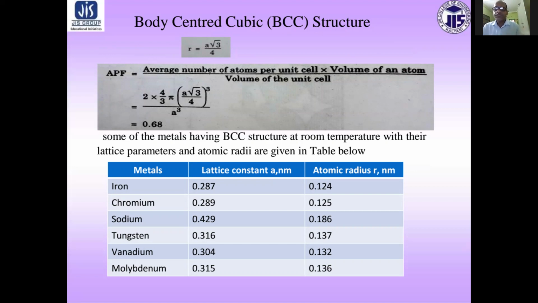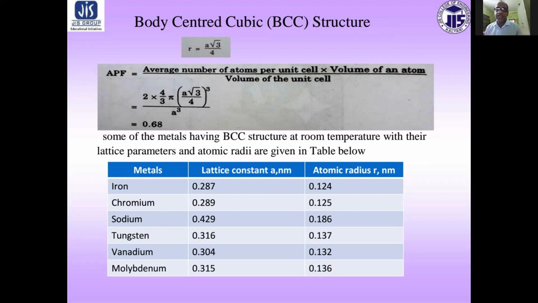So now the APF, or atomic packing factor, is given by the average number of atoms per unit cell times the volume of an atom, divided by the volume of the unit cell. From the earlier discussion, we know that the average number of atoms per unit cell in the case of BCC structure is equal to 2, and the volume of an atom, taken as a hard sphere, is 4/3 pi R cube.